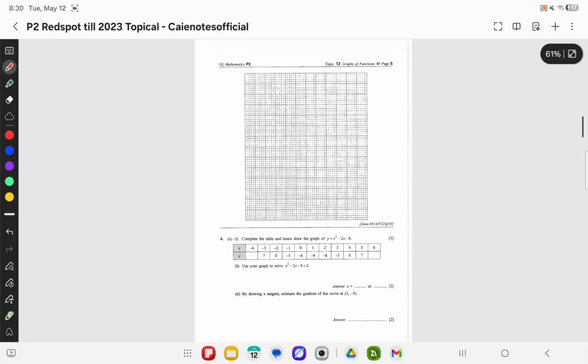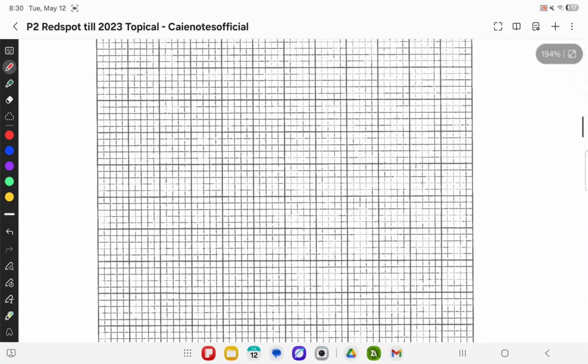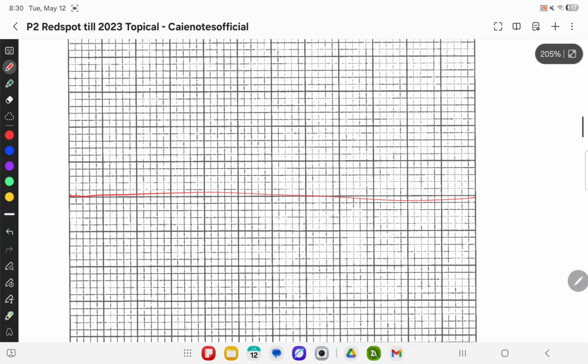So let's go. I do not know where we start from. So it is from 0 to 20, where each centimeter is 2 meters.